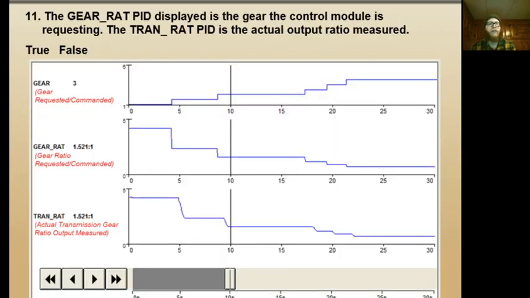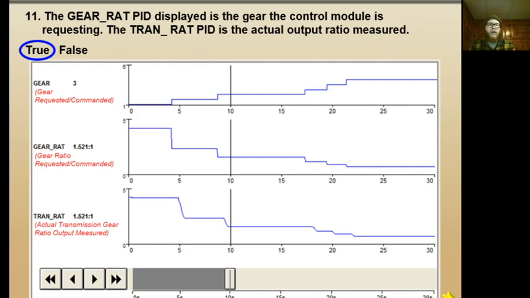The gear ratio PID displayed is the gear the control module is requesting. The trans ratio PID is the actual output ratio measured. That's true. And so if we're trying to diagnose a failure, having the gear ratio, which is in fourth gear, we should have a 1.521 to 1 ratio. That is just the way that the transaxle is built with its planetary gear sets and all that kind of good stuff.